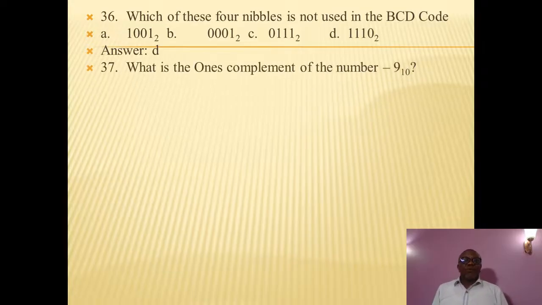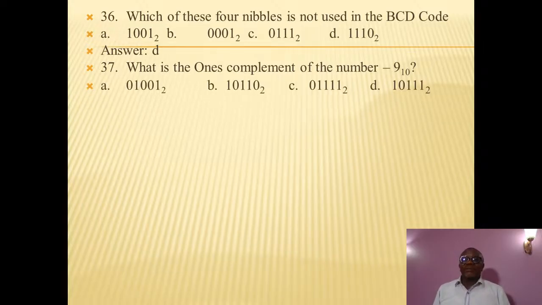Now, what is the ones complement of the number minus 9 in base 10? Now, where do we find the complement of a number? We say that in the binary sign and magnitude number system, the computer finds it difficult to do addition when one of the numbers is a negative number.